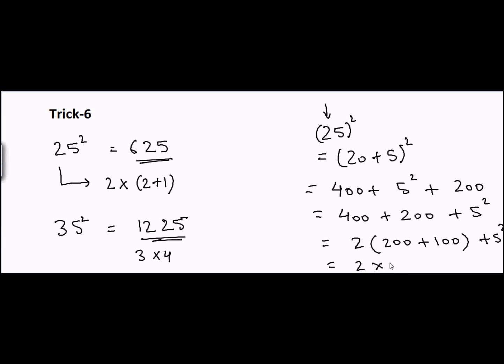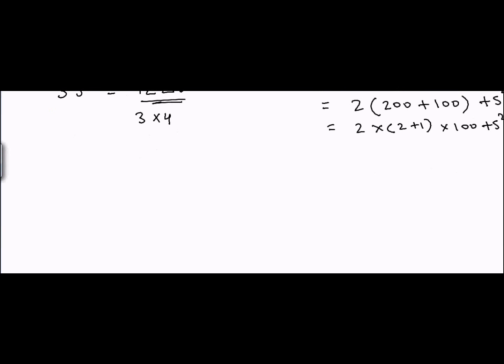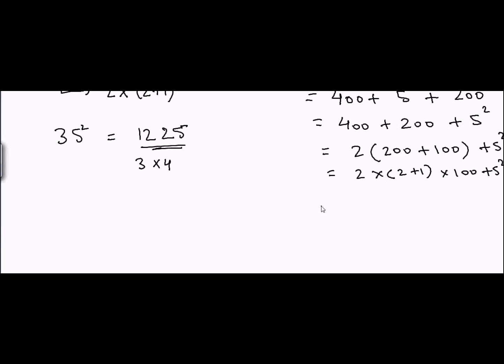So that is what I was doing previously: if you have a number, you take the first digit and multiply it by its increment and then add 25 in the end, and that is the 25 which is in the end. So for example, if we have 45 square, then that will be equal to 40 plus 5 whole square, right?